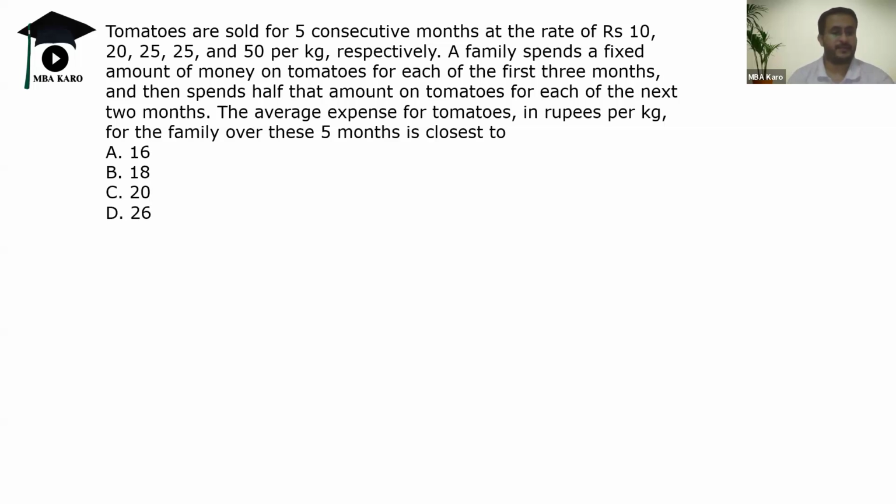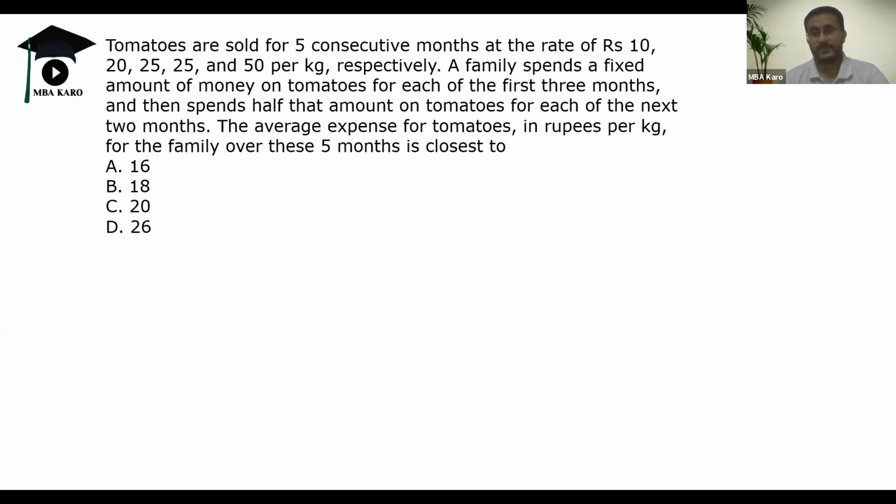Now a family is spending some amount in the first 3 months, and in the next 2 months it is spending half of it. How are we going to calculate the average expenditure of the 5 months?